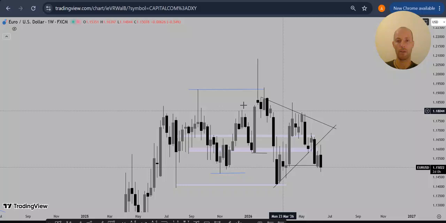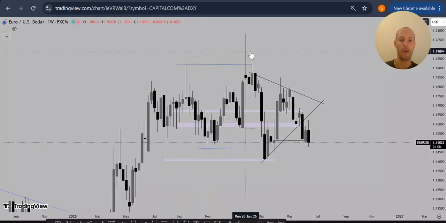So price finished with a very big wick and a tiny body and swept out liquidity from here. Again, we're on the weekly time frame. After doing that, it broke structure 2 times, once here and then here. And look at the size of these bearish candles.